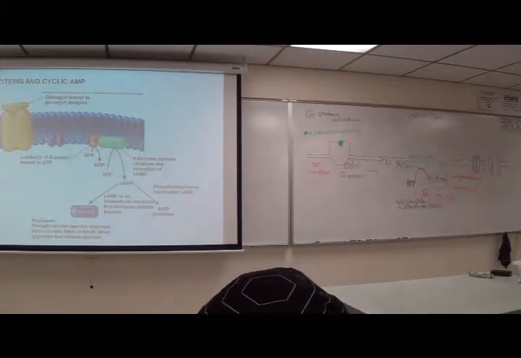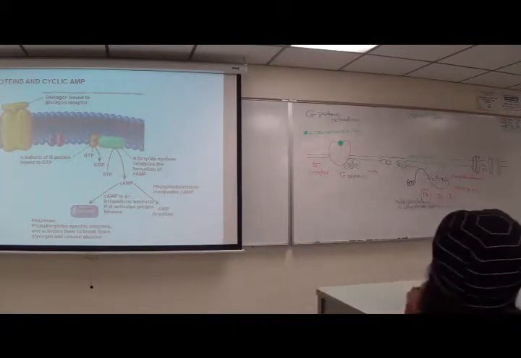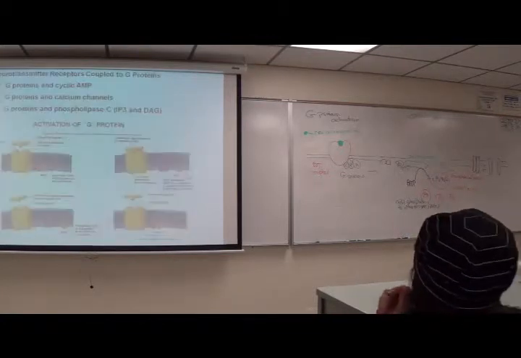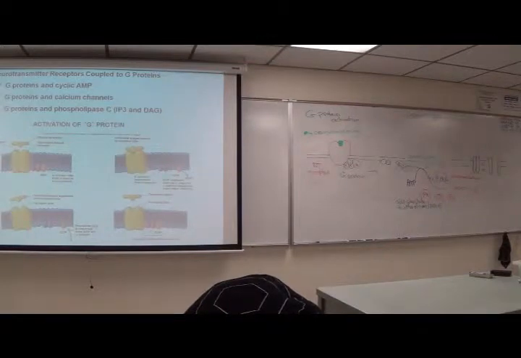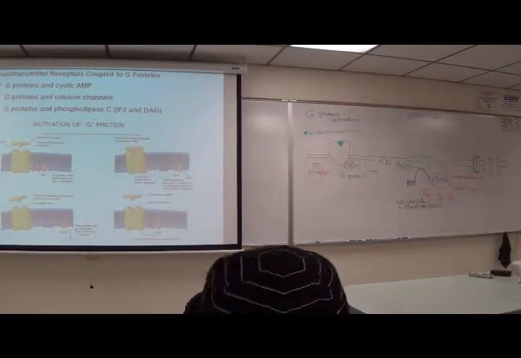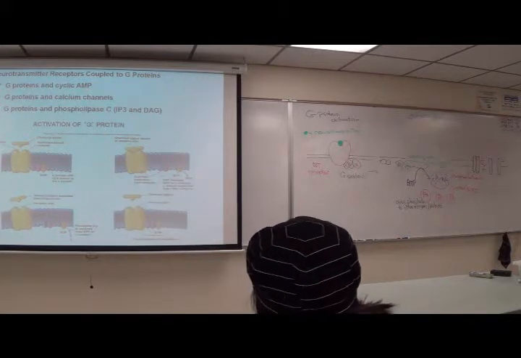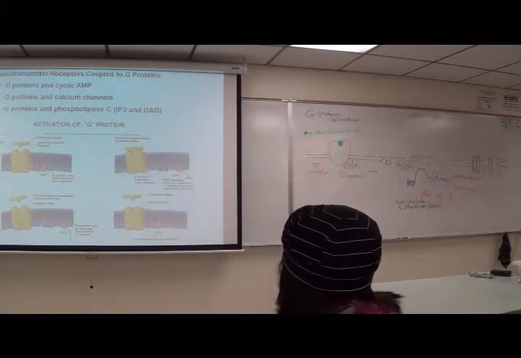So that is the first of the 3 different ways that G proteins work. Is the cyclic AMP. It's probably the most common of the ones that we see with our metabotropic neurotransmitters.